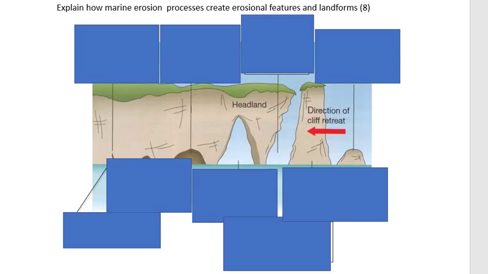It's very important to show an understanding of the erosional processes at work. The number of students that will sequence the stages of erosion perfectly and link it to features and landforms, but don't do the obvious bit and tell me what the erosion processes are, is quite staggering. So remember you've got to link your processes through to your features and landforms.